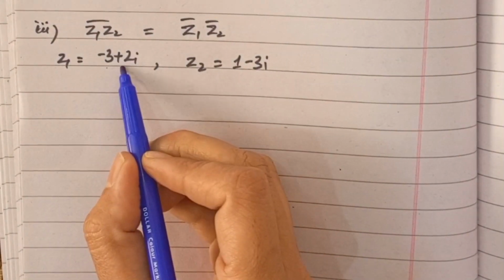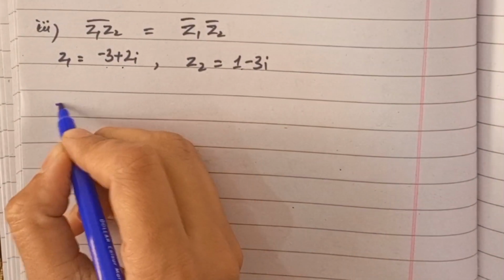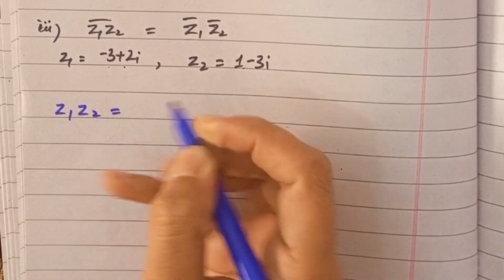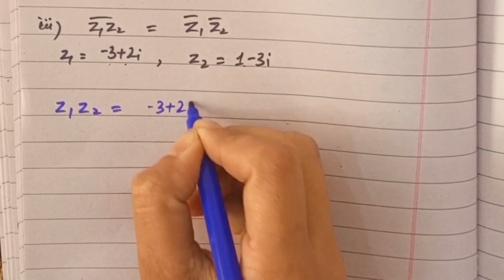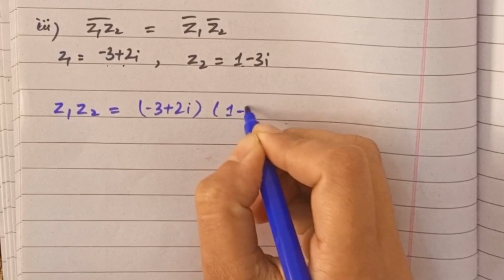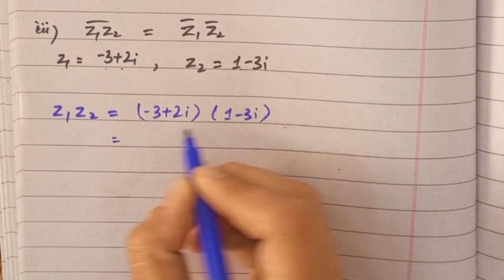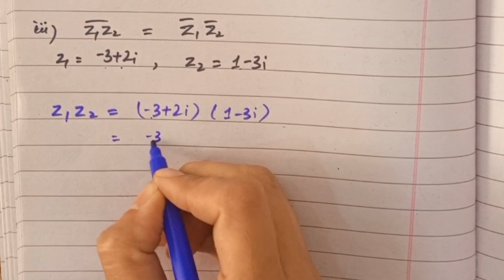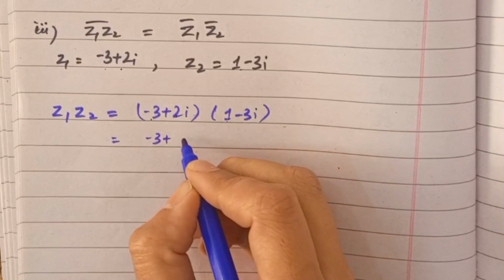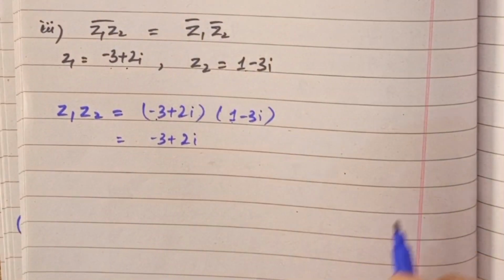As we have Z1 this and Z2 this, first we will multiply them. Minus 3 multiplied with 1 gives minus 3, and 2 iota multiplied with 1 gives 2 iota.